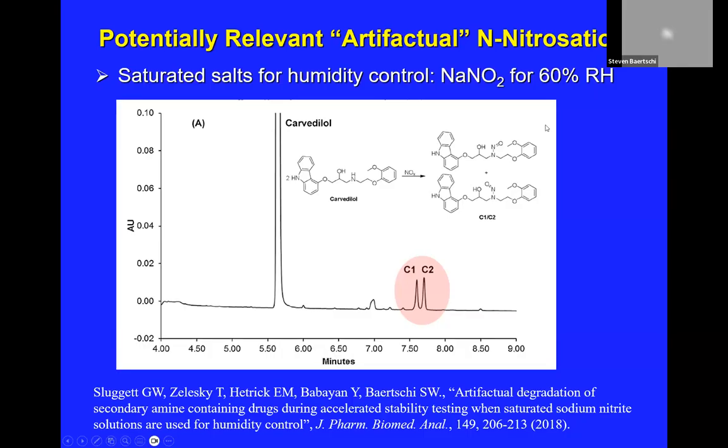And we noticed that there were some artifactual peaks showing up that we couldn't explain in the sodium nitrite that weren't there at any other relative humidity. And exploring that a little bit, Lilly researchers discovered that it was from nitrite itself.